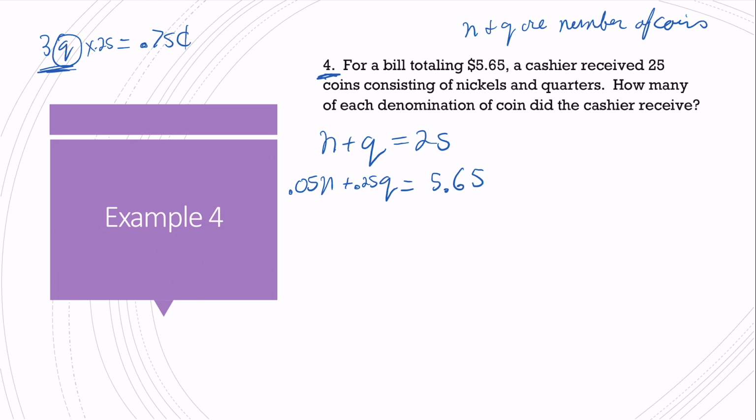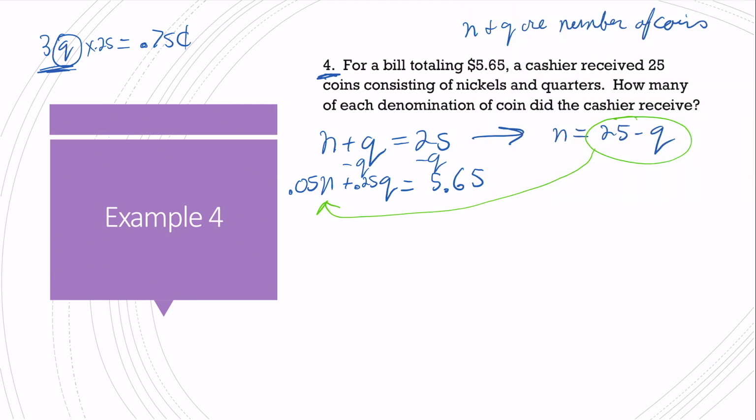I need to figure out how to substitute in for one of them, and I'm going to substitute in for N. I can rewrite this first equation as N equals 25 minus Q. I could also have solved this problem for Q, but I decided to solve it for N instead. I can now substitute this in to my second equation.